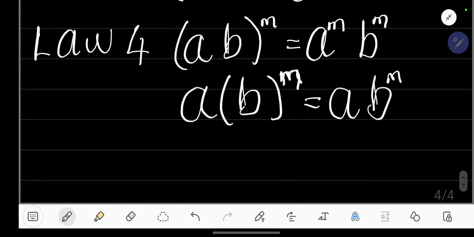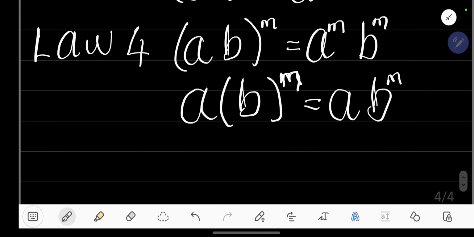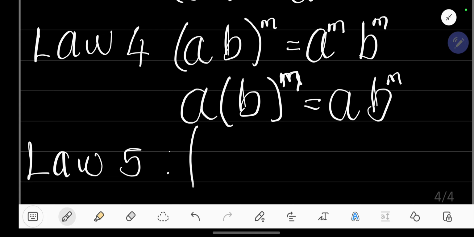Now let's check law number 5. If we have something like this, base a divided by base b, all of them exponent m, it's almost similar to that one.